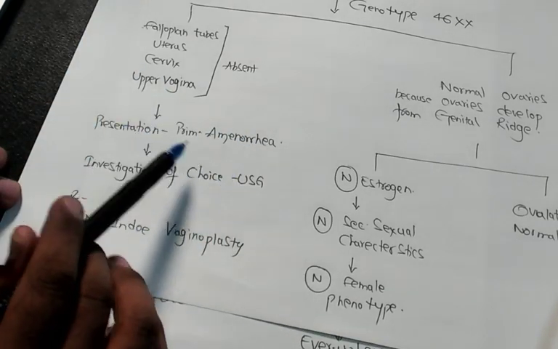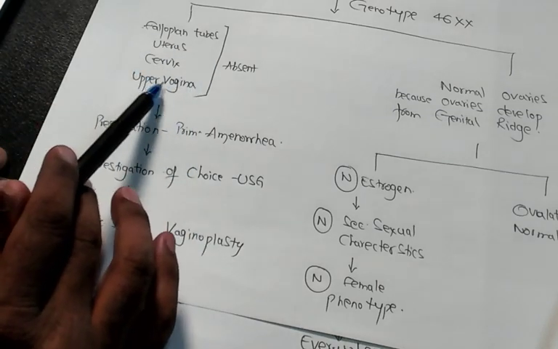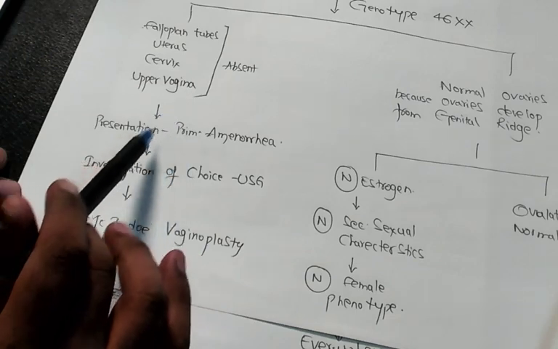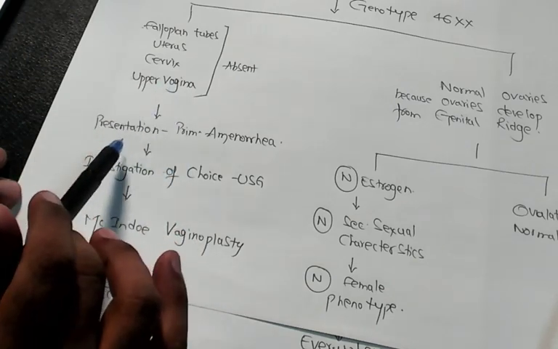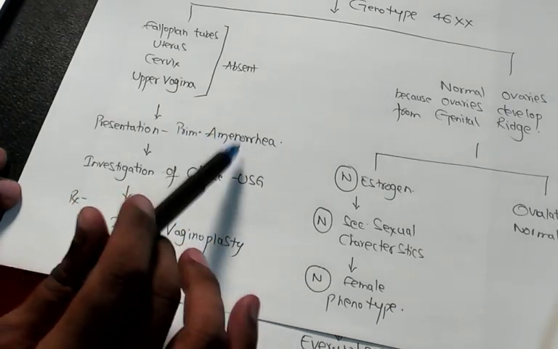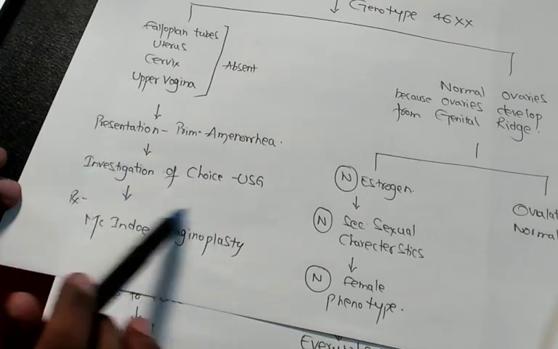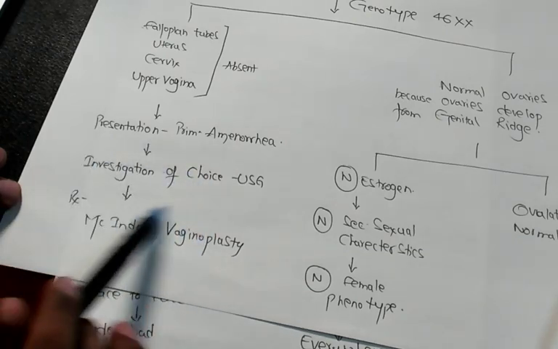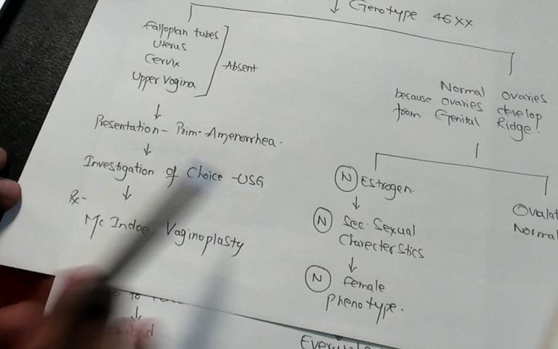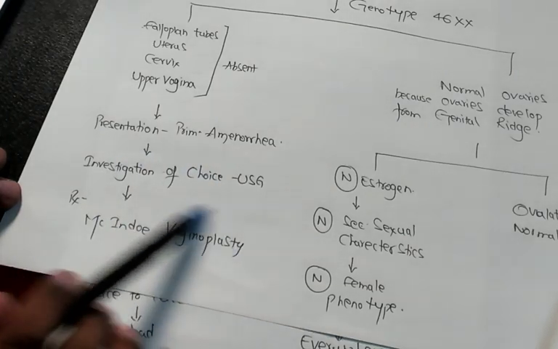Because of that, if there is no fallopian tube, no upper vagina, no uterus, they present with primary amenorrhea. And always for Mullerian agenesis, the investigation of choice is ultrasound. And how do you treat? You need to reconstruct the vagina.